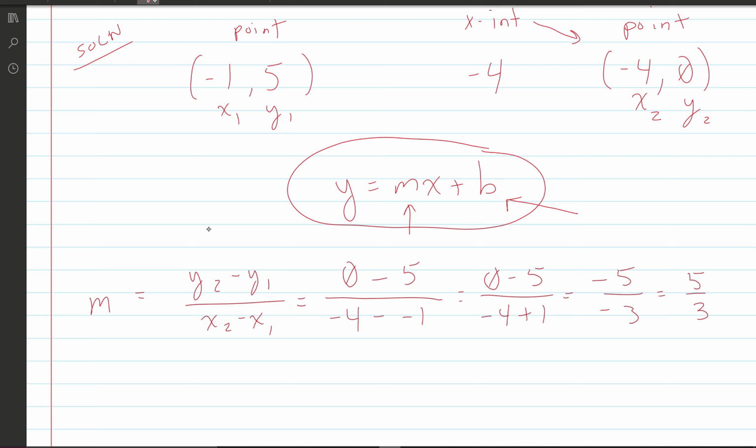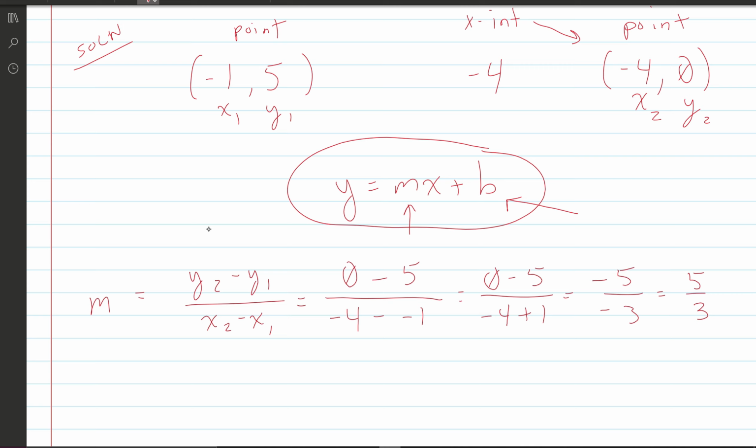We could use slope-intercept form right away, or we could use point-slope form as well. If we use slope-intercept form, we would plug in for m, plug in for x and y, and solve for b. Have our b value then, and then rewrite the slope-intercept form with just the slope we found and the b. We also have a point and a slope of 5/3.